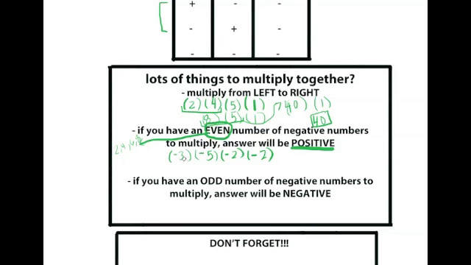The negative 3 is negative, this is negative, this is negative, this is negative. So all four numbers are negative. That means that my answer for sure is going to end up being positive. Okay, and let's see why. Using my left to right rule, negative 3 times negative 5 is going to be positive 15. Bringing down this guy.